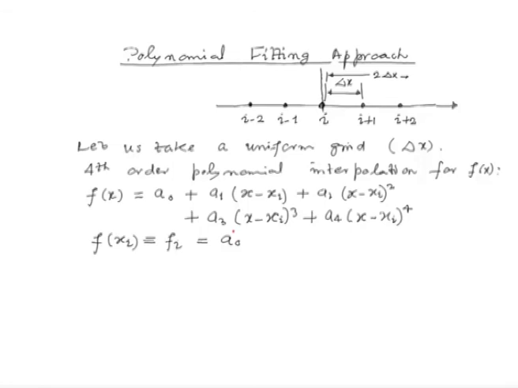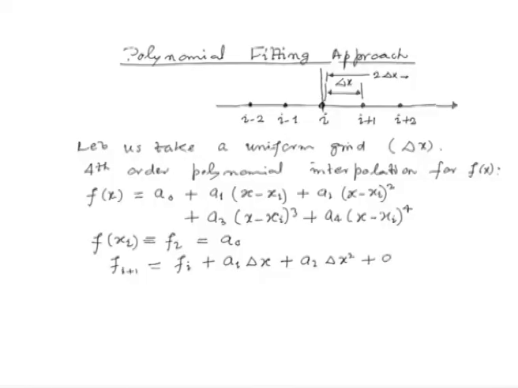Now, f of i+1 will give us fi+1. fi+1 is equal to fi plus a1 times delta x plus a2 times delta x squared, because the difference between xi+1 and xi is simply delta x, plus a3 times delta x cubed plus a4 times delta x to the power 4. Let's call this equation 3, with the a0 result as equation 2.